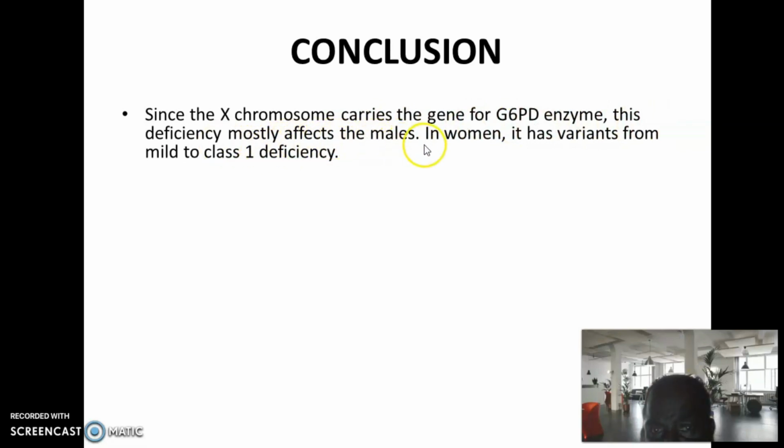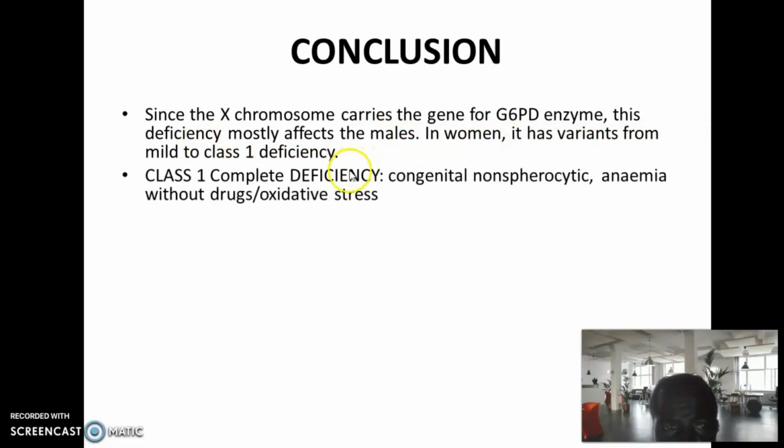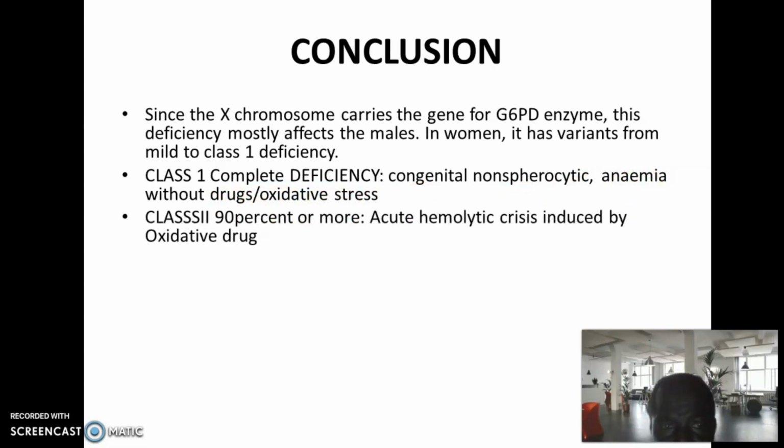Since the X chromosome carries the gene for G6PD, this deficiency mostly affects the males. In women, it has variants, and these are the variants commonly. This last one is complete deficiency, which does not need anything. It's a congenital non-spherocytic anemia without drug oxidative stress.